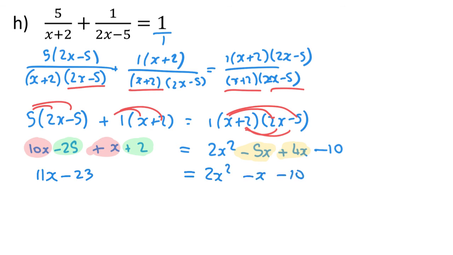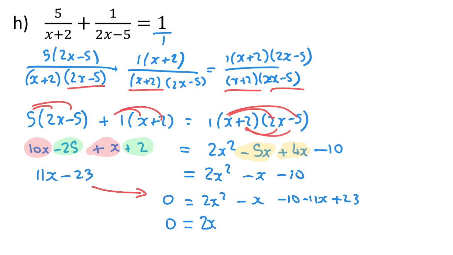For quadratic equations, we need them to equal 0, so we're going to move the 11x and the minus 23 to the right, and we're going to have 0 equals 2x squared minus x minus 10, minus 11x, and then plus 23. So that's 2x squared. The minus x and the minus 11x combine, and also the minus 10 and the plus 23. What we'll get then, minus x minus 11x is minus 12x, minus 10 plus 23 is 13.